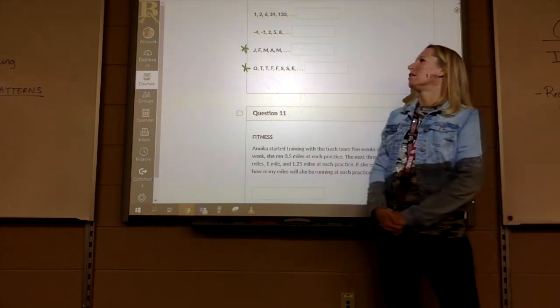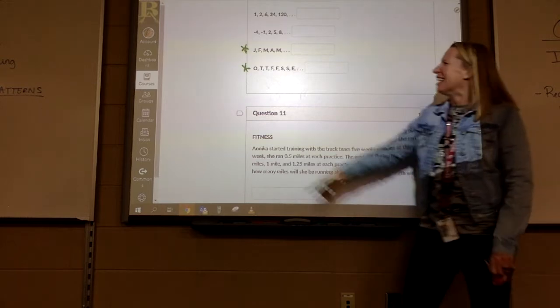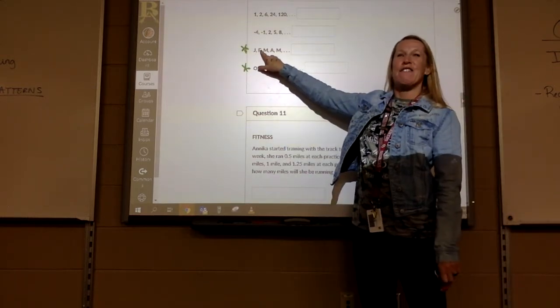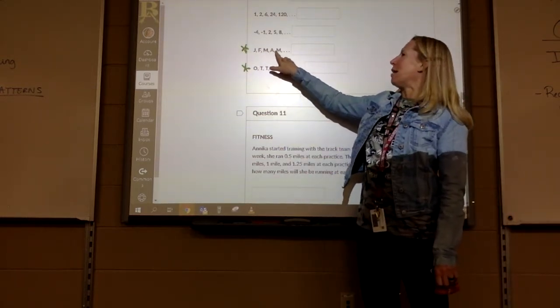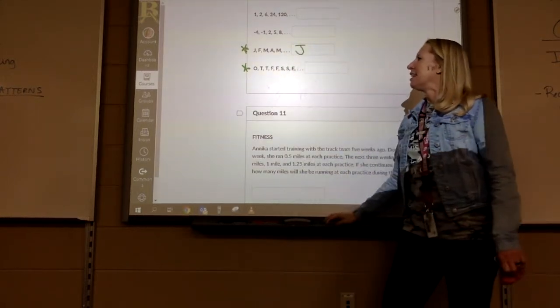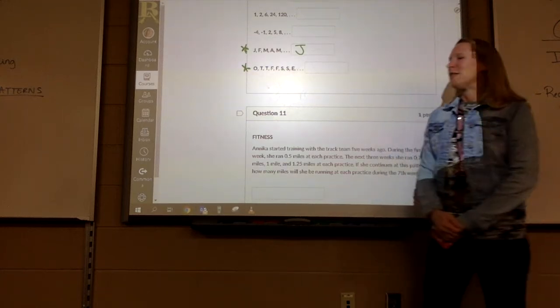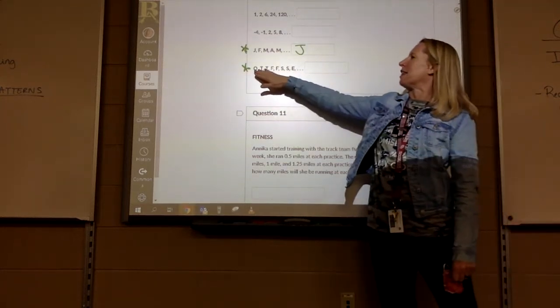What month is it right now? January, February, March, April, May, June. Yeah, we're doing patterns today. What about this one?